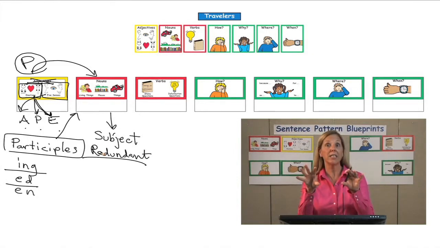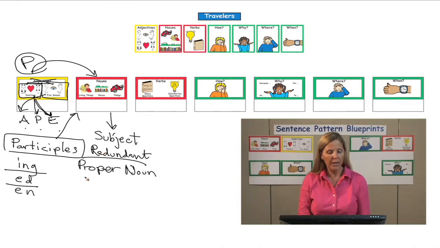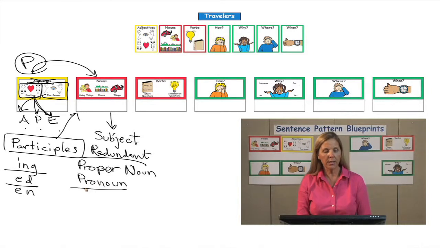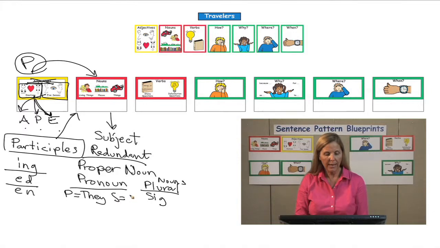And in our sentence, we had snakes. What's another way to say snakes in our other sentences? A proper noun. We could use a pronoun. Are snakes plural or are they singular? If they're plural, then my pronoun needs to be they. If it's singular, then my pronoun needs to be it. That's why I need to understand whether nouns are plural or singular.